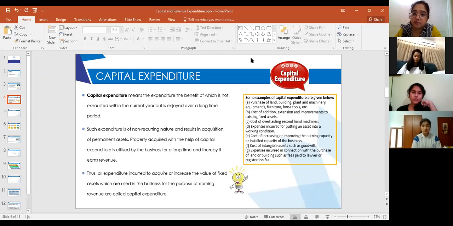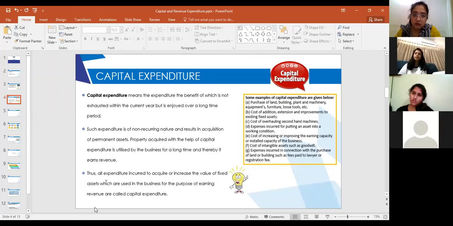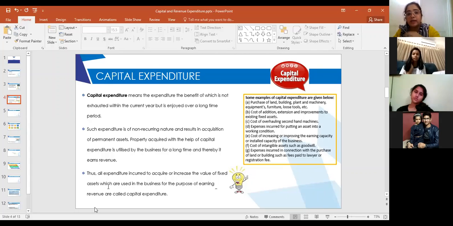Okay. Tell me the doubt. Yes, Muskan, I'm listening. Ma'am, in the last point, I'm not understanding the acquisition part. Yes, same here, ma'am. Okay. All expenditures incurred to acquire or increase the value of fixed asset. That means what? I am acquiring means I'm buying a fixed asset, or I'm increasing the value of a fixed asset. Say I have a fixed asset worth 10,000 rupees.